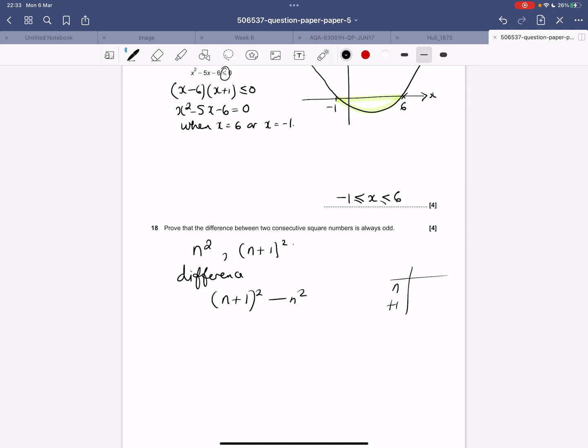N plus 1 squared is n plus 1 times n plus 1, which is n squared plus 2n plus 1, minus n squared. N squared cancels. 2n plus 1. 2n plus 1 is odd, as 2n is even.